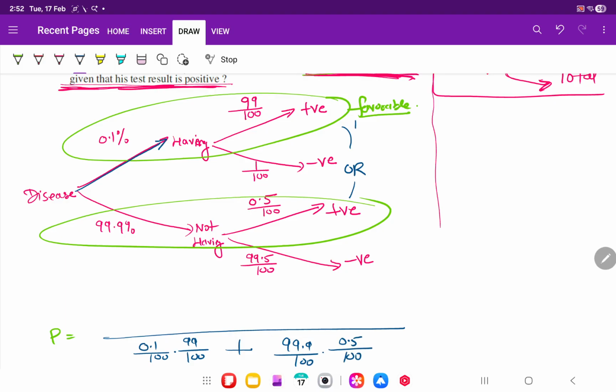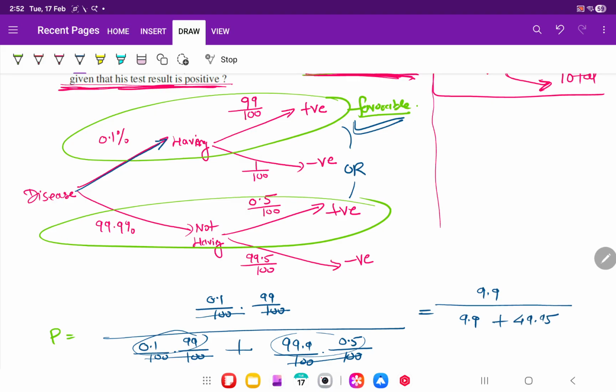Out of that, the first case is favorable, which is 0.1 by 100 times 99 by 100. The 100 in the denominator will cancel. Now let me multiply. So 0.1 into 99 is 9.9. This is 9.9, these two products, and this into this, if you solve, it will be 49.95.